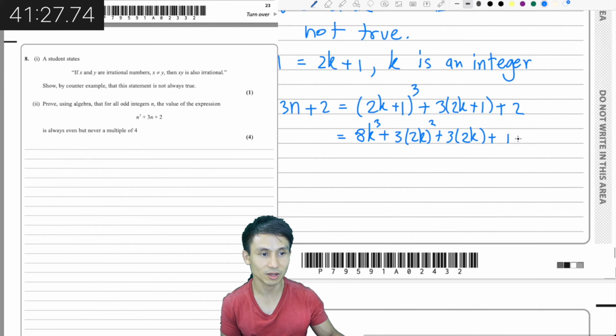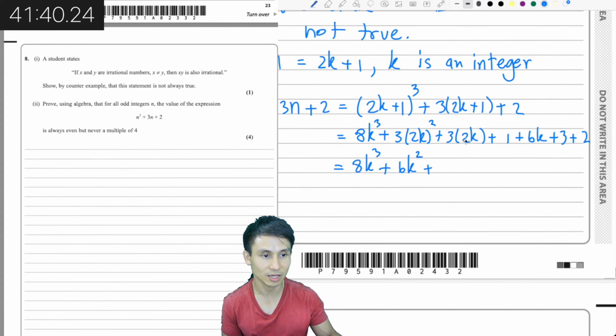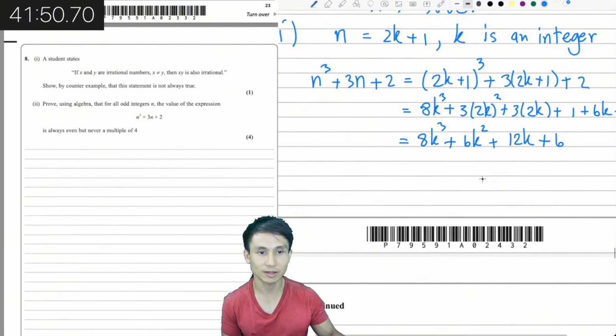So we expand this. I just happen to know that it's going to be 8k cubed plus 3 times 2k squared times 1 plus 3 times 2k times 1 plus 1 cubed. Okay, so that's it for that one. The second term here is 6k plus 3 and plus 2 for the last one. Here we get 8k cubed. For the k squared term, we get 6k squared. For the k term, we have 6 here and another 6 here, so we have 12k. And the number term, we have 1, 3, and 2, so that's 6. Okay.